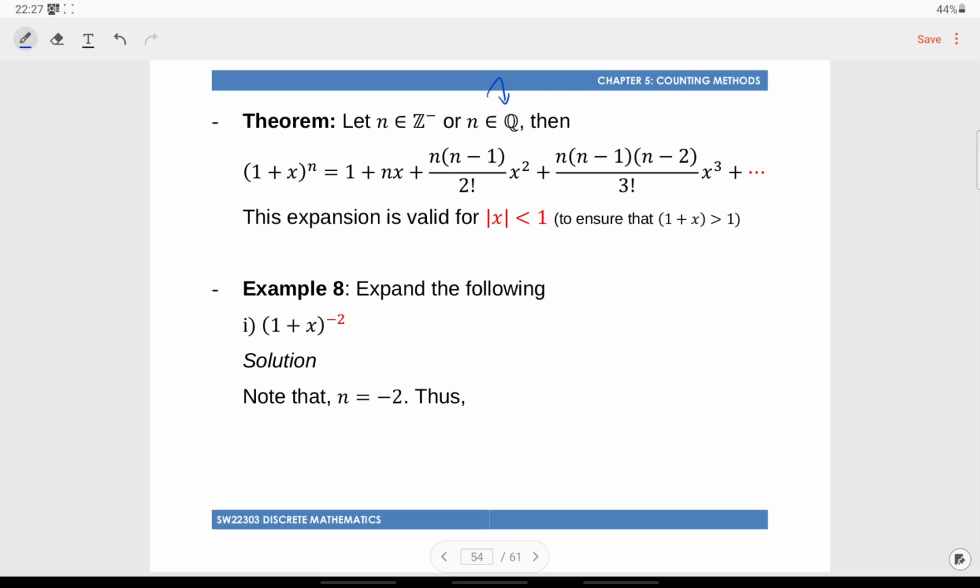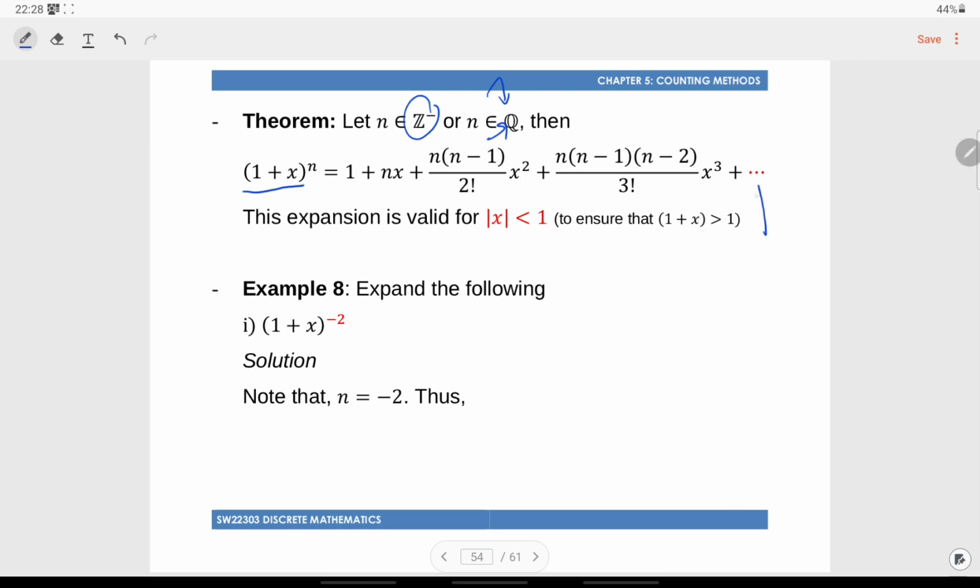We have the following theorem. For (1 plus x) to the power of n, the expansion when n is a negative number or a fraction is equal to 1 plus nx plus n times (n minus 1) over 2 factorial multiplied by x squared, plus n times (n minus 1) times (n minus 2) over 3 factorial multiplied by x cubed, plus and so on.